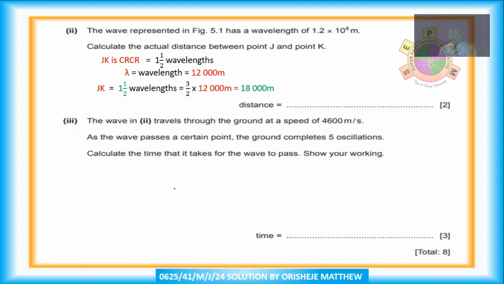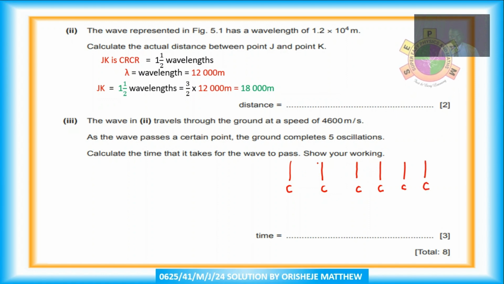Show your working. What we have now is a wave that makes 5 complete oscillations. So you have one compression, then another compression, that is 1, 2, 3, 4, then 5.